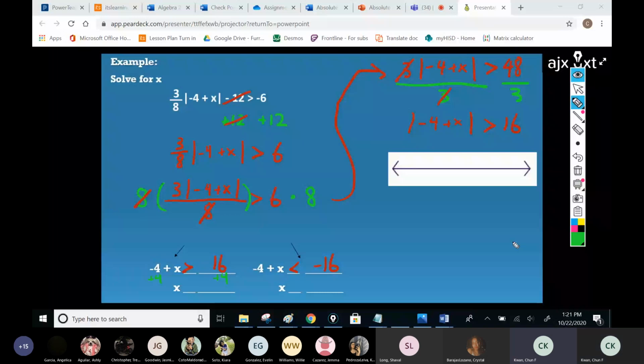So x is greater than 20, and then less than -12.